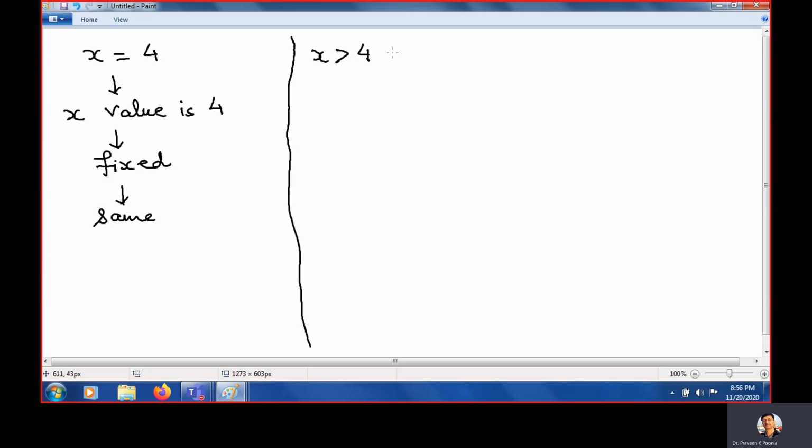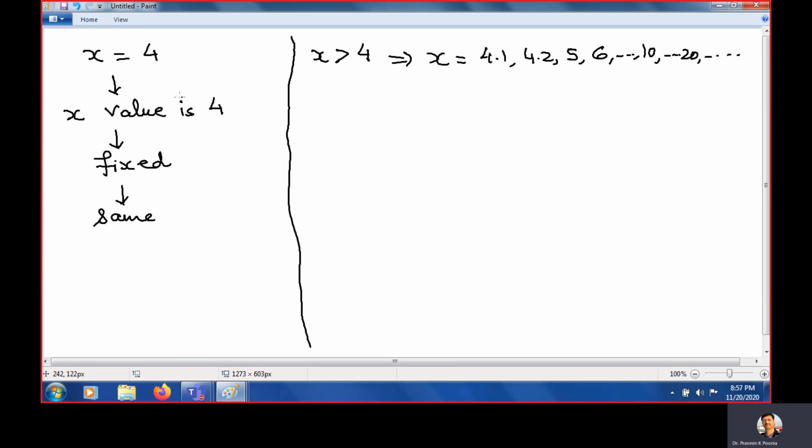X greater than 4 means the value of x is greater than 4. Maybe 4.1, maybe 4.2, maybe 5, maybe 6, maybe 10, maybe 20, and so on. There is no limit. Any value more than 4, so it may be 4.1, 4.2, 4.3, 100, 1000, 10,000, 1 million, 1 billion, any value comes under here.